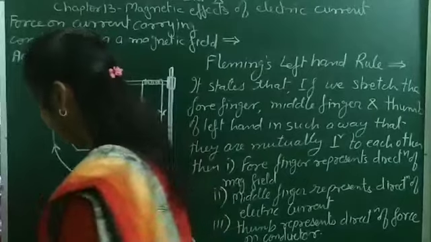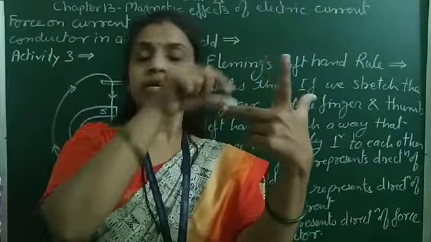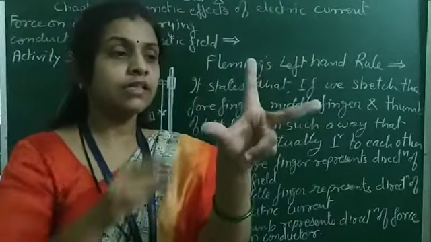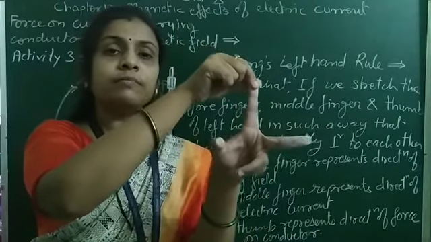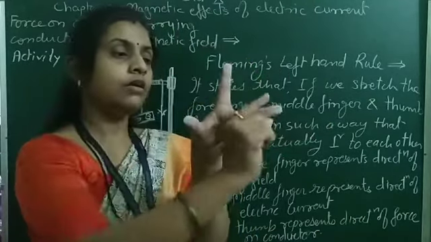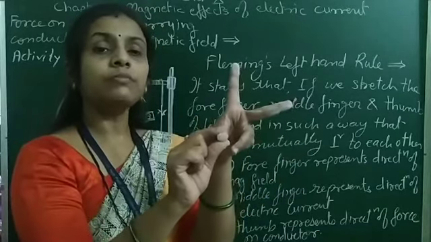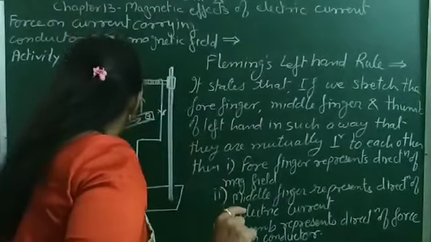So what is Fleming left hand rule? If we stretch the forefinger, middle finger and thumb of a left hand in such a way that they are mutually perpendicular to each other, then the forefinger represents the direction of magnetic field, the middle finger represents the direction of current, and thumb represents the direction of force. So this is the Fleming left hand rule.